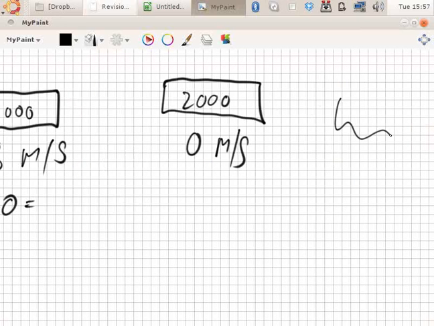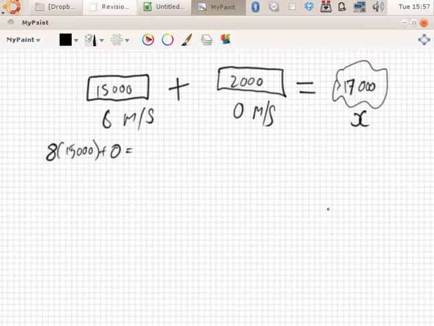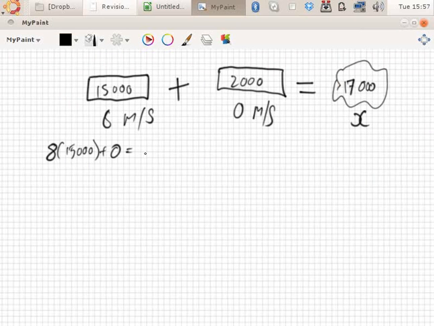What's their total mass? It'd be 17,000, and we don't know their speed. So that plus 0 has to equal 17,000 times x.